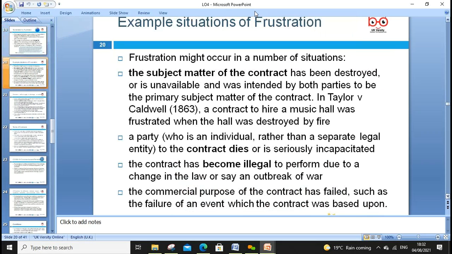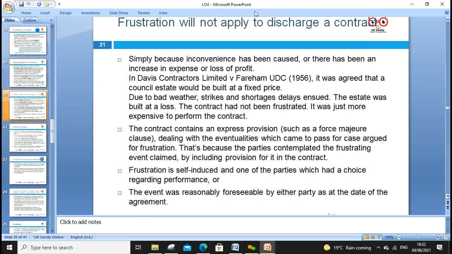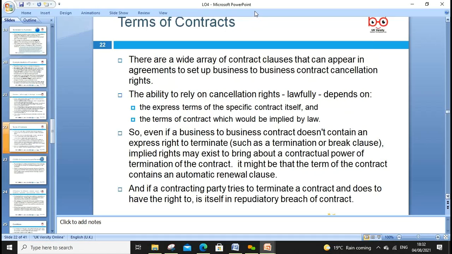Okay, examples of situations of frustration: the subject matter of the contract being destroyed or unavailable, or a party to the contract dying or being seriously incapacitated, or the contract becoming illegal to perform. Frustration may not apply to discharge the contract in some cases.